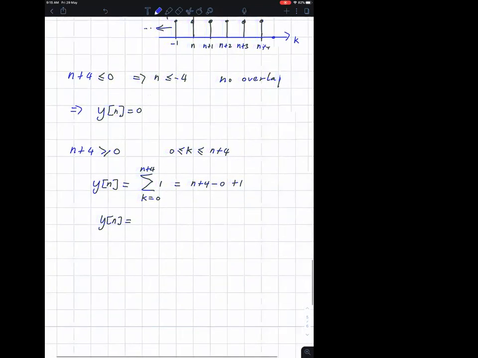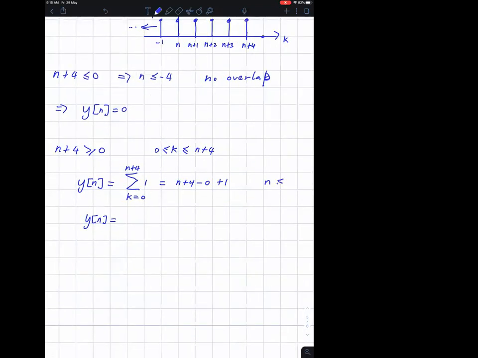So n can have any value. N can be infinity, maximum. The minimum value n can have is -4 or greater.